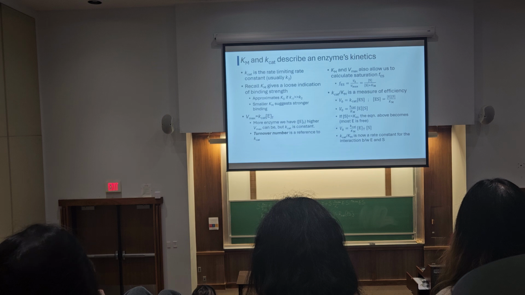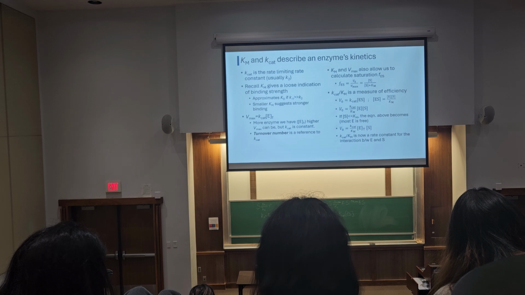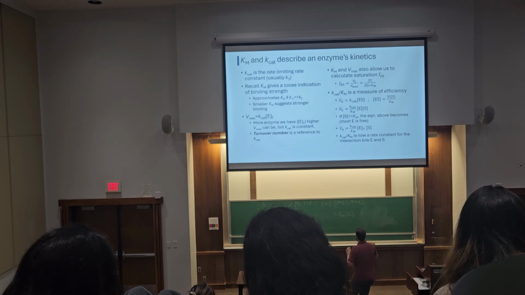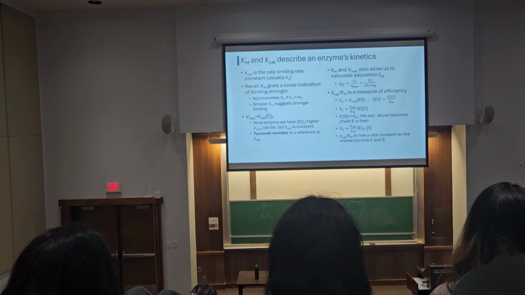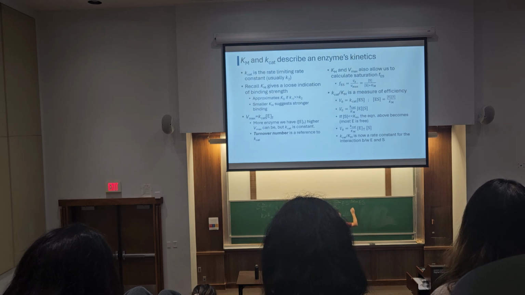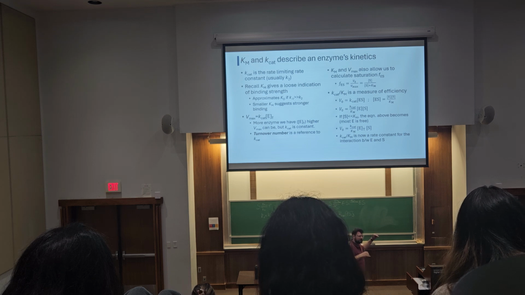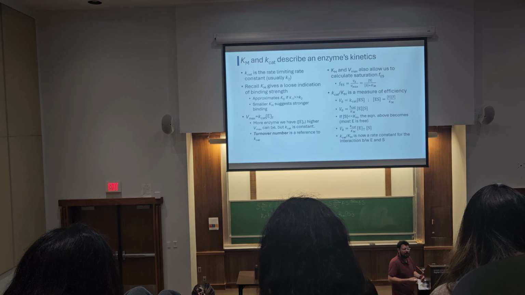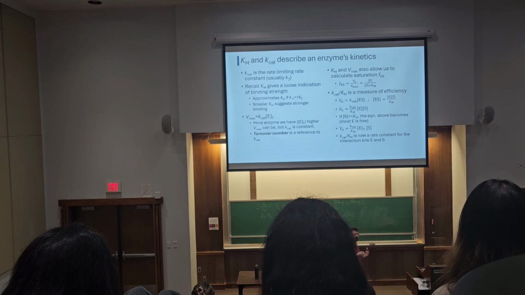K cat is the turnover number, and it is equal to the rate limiting rate constant. In other words, K cat is equal to the smallest of K1, K minus 1, or K2. So K cat, you can't put it somewhere specifically, it's just equal to the rate limiting rate constant.